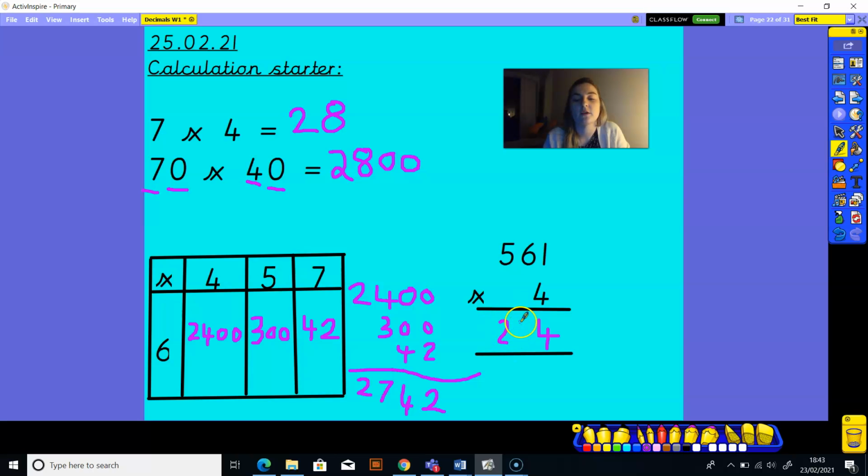So I've got 200 in my hundreds, 40 in my tens, and then I would have a 0 in my ones because it's 40, so I can leave my 4 there. And then I've got 4 times 5, but remember it's 4 times 500. Now 4 times 5 is equal to 20, but I'm doing 4 times 500, so that is going to be equal to 2,000. So I've got 2,244 as my answer. So well done if you got all of those correct.